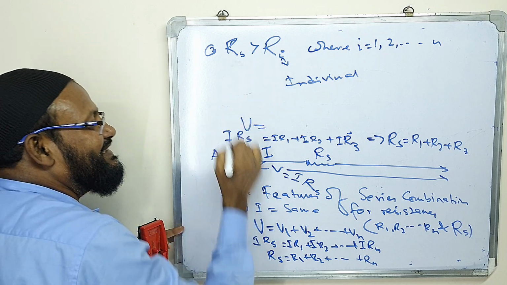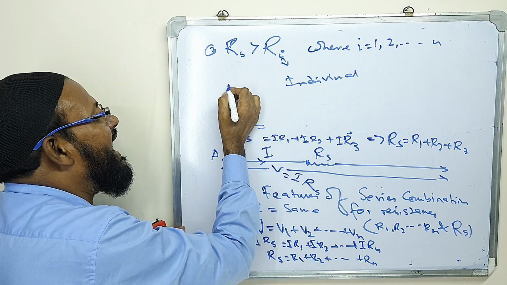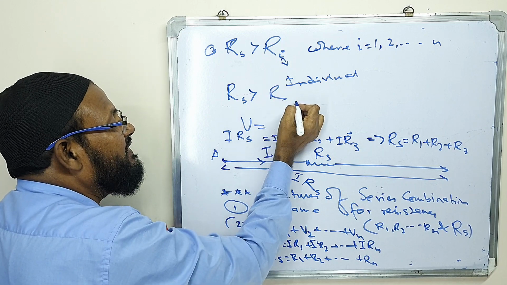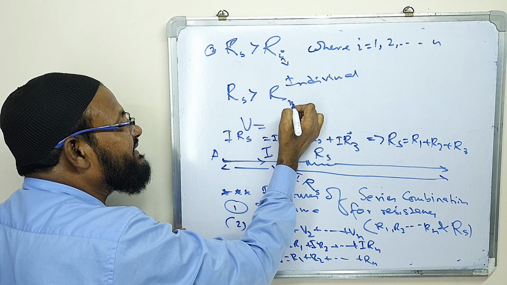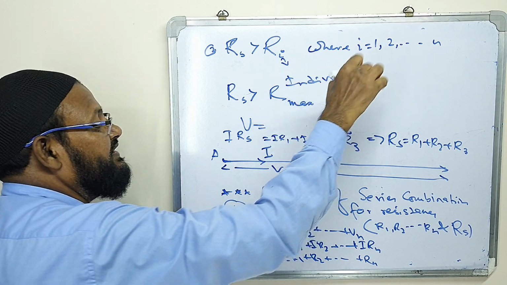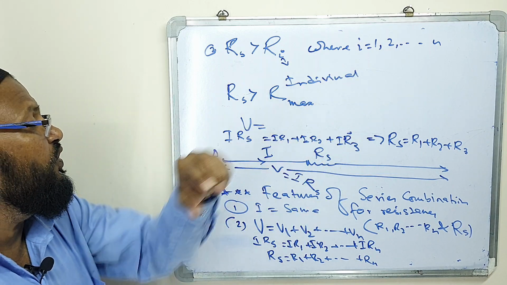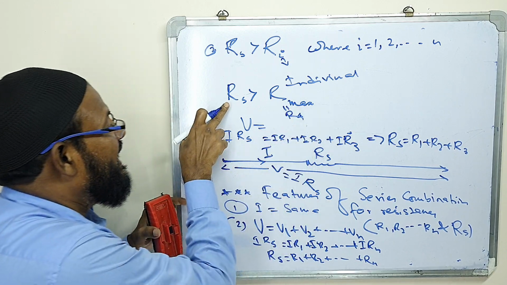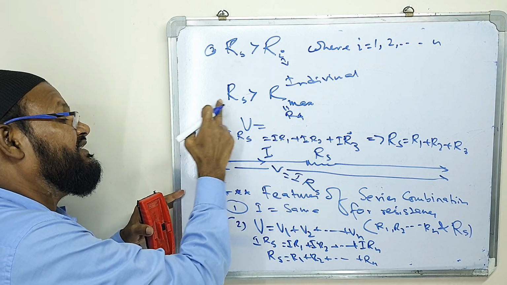Here is another rule. Suppose R is the maximum. What is the meaning? Out of R1, R2, R3, suppose R4 is the Rmax, then Rs is greater than R4. What is the language?